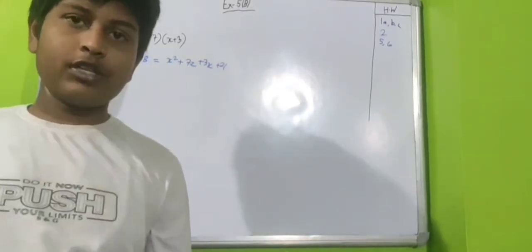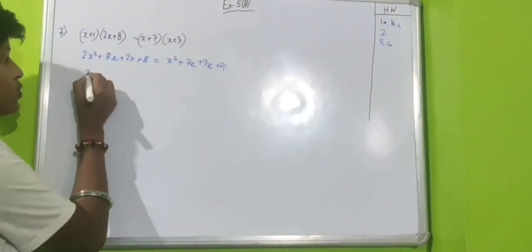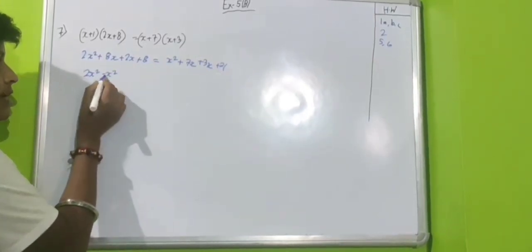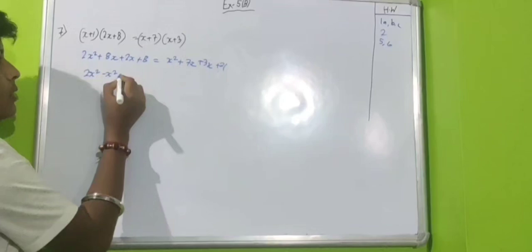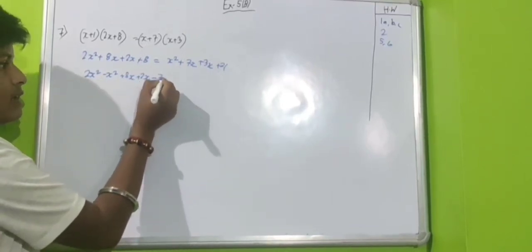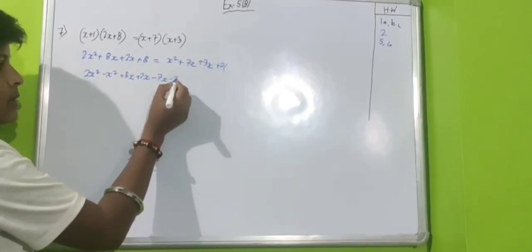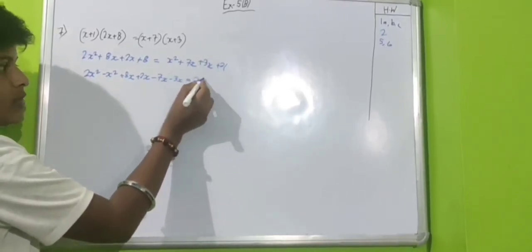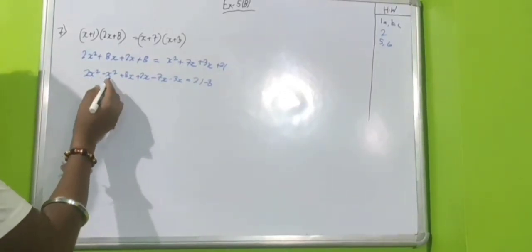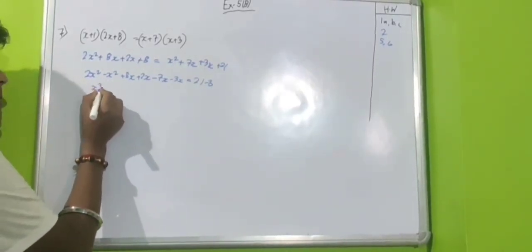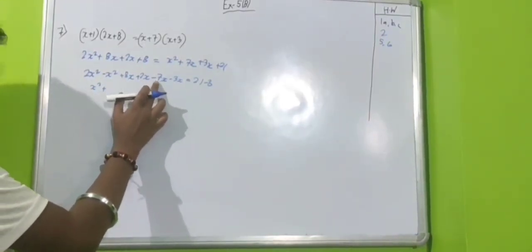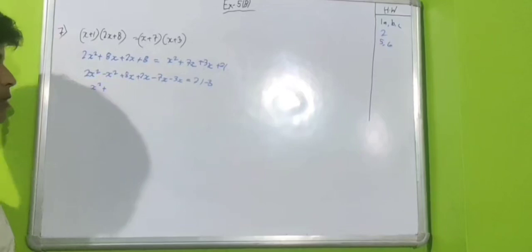Variables one side and constants one side. So 2x square minus x square, this will come here with negative sign, plus 8x plus 2x minus 7x and minus 3x is equal to 21. This will come here as minus 8. So 2x square minus x square will be x square, plus 8 plus 2 is 10, and minus 7 minus 3 will be minus 10.